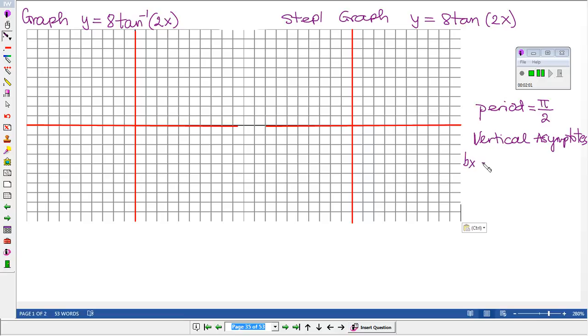bx equals negative pi over 2, and the second equation will be bx equals positive pi over 2. So we substitute b for 2, so we end up with 2x equals negative pi over 2 and 2x equals positive pi over 2.